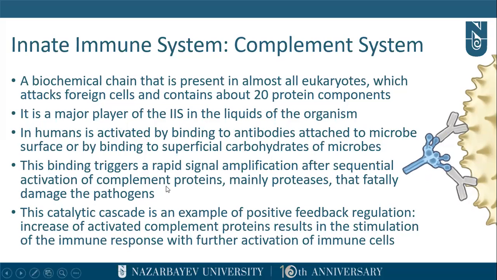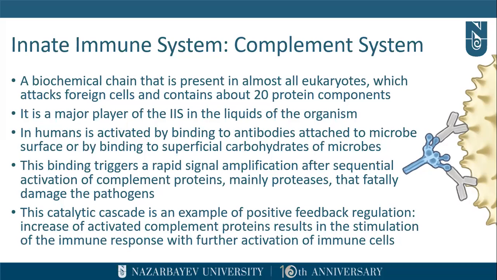Okay, so there is an amplification of the immune system, and they have specific enzymes called proteases, and these proteases will cleave the proteins of the pathogens, and if no proteins are left within these pathogens, they will just die. As you learned from the last lecture regarding feedback regulation, again, in the complement system we have positive feedback regulation.